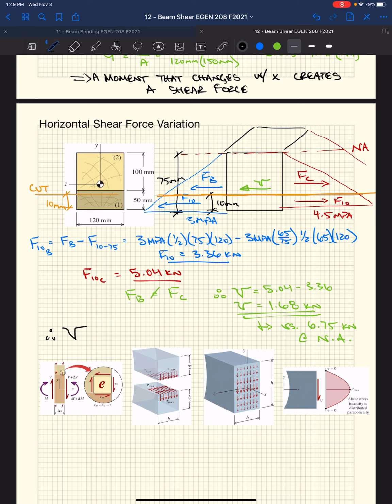So therefore, we can say that the shear force changes with all values of y. As we move from one extremity of our beam to the other, the shear force is going to change, and it's going to be maximum at the center.